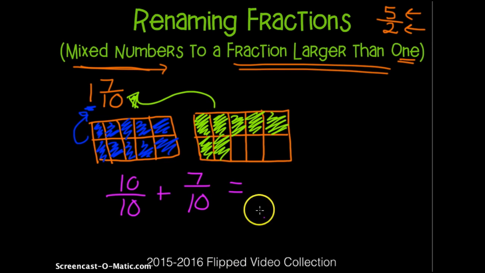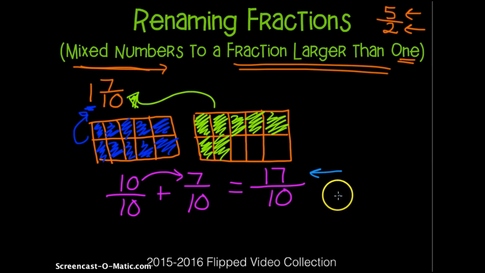And then we rename the fraction by adding these together. 10 and 7 make 17, and my denominator is going to stay the same. My models have stayed the same. The denominator will not change. So in this case, I have 17/10 pieces filled in to make a fraction larger than 1. I know that the fraction is larger than 1 because my numerator is much larger than my denominator.